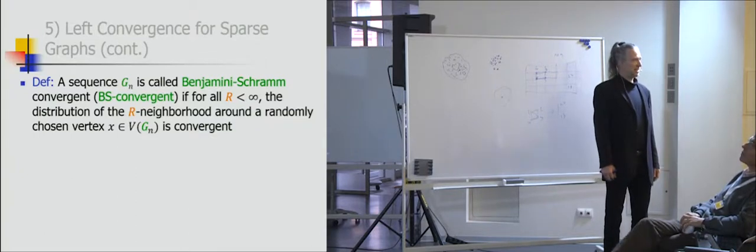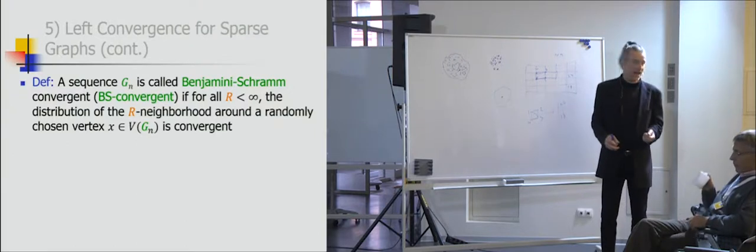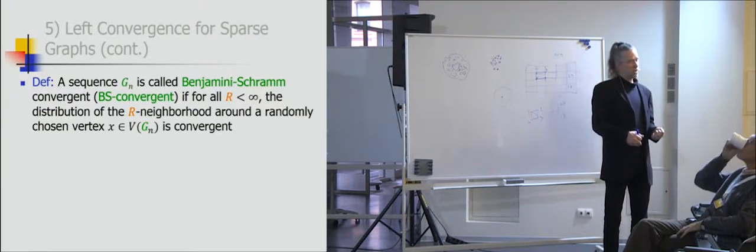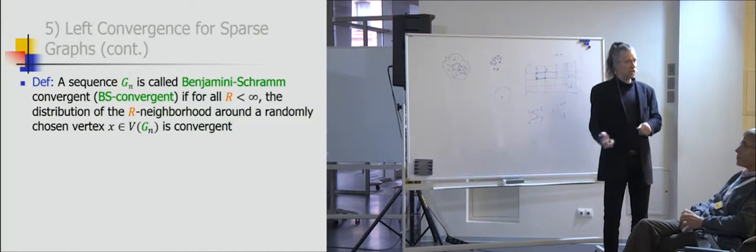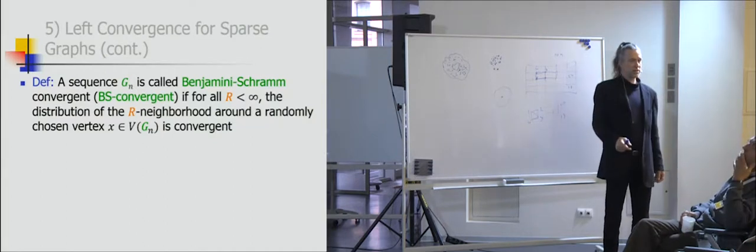Since I'm nearsighted, I only see up to a certain radius. Now I go to a random vertex, so I will see a random neighborhood. Depending on n, I have a different probability distribution. If this probability distribution converges, the sequence is called Benjamini-Schramm convergent.